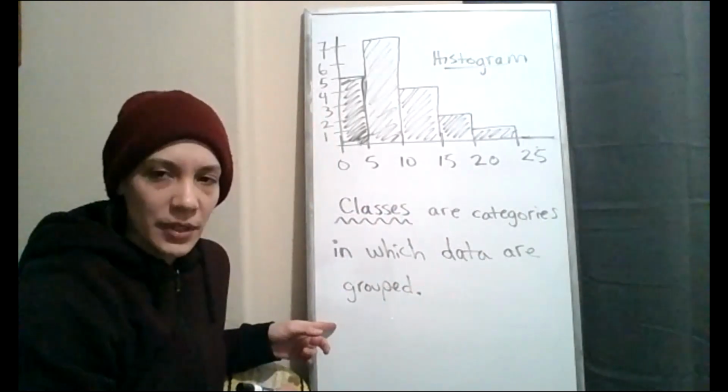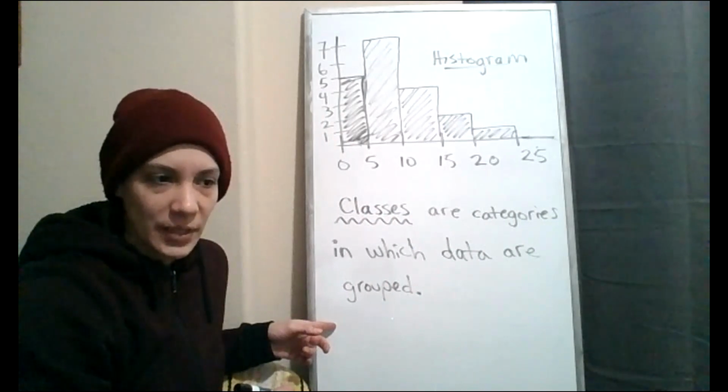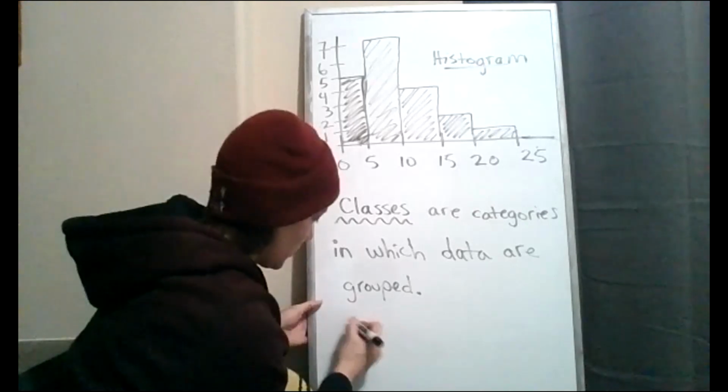Okay, the smallest number in a class is called the lower class limit. I feel like there might be a better way to say that, but that should work.